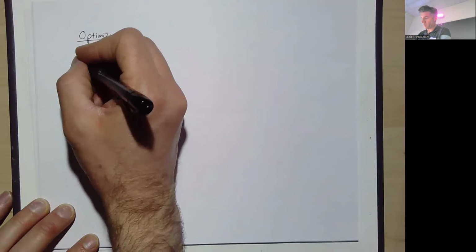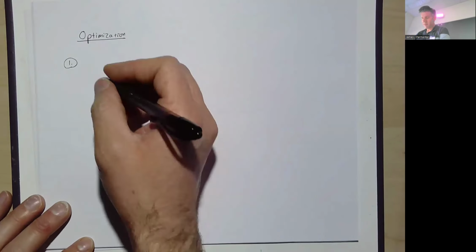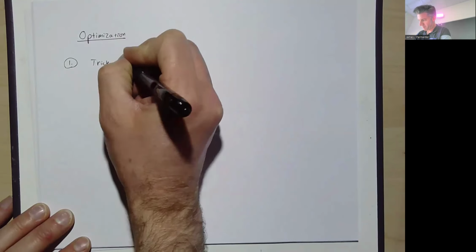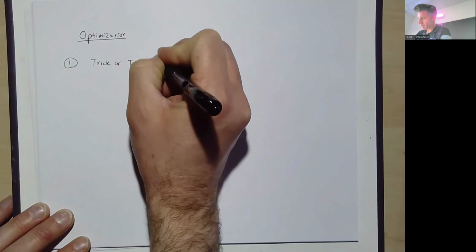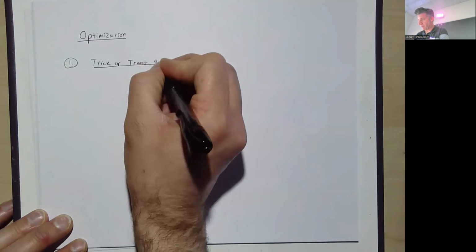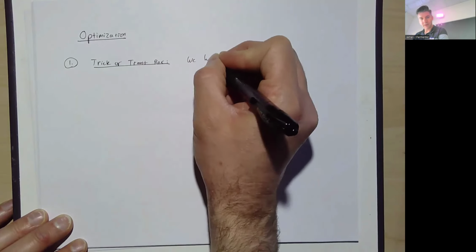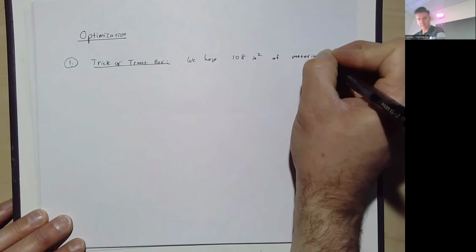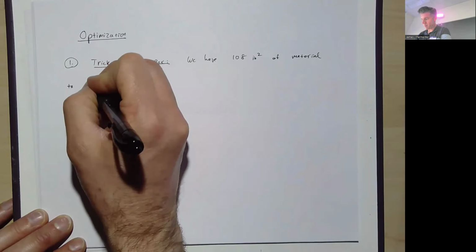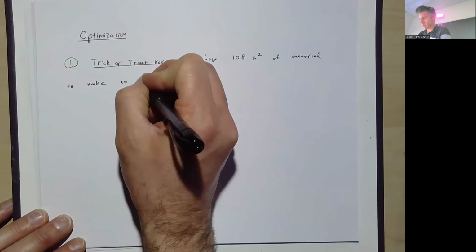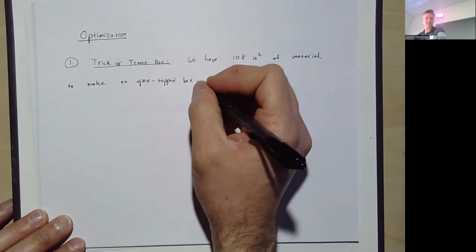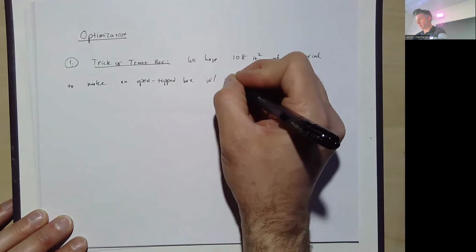Okay. Well, let's look at this first question. I think this question was written around Halloween. We're going to build a trick or treat box, or just a box. And here's what we have. We have 108 square inches of material, maybe cardboard, to make an open top box with a square base.